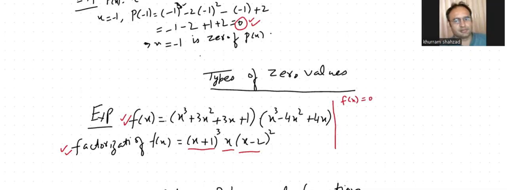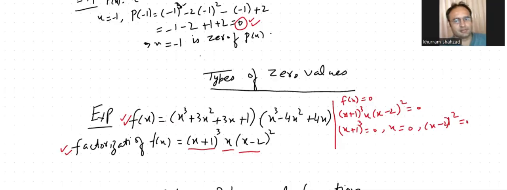So this will give x plus 1 whole cube times x times x minus 2 whole square, and this should be equal to 0. So we have to set x plus 1 cubed equal to 0, x is equal to 0, and x minus 2 whole square is equal to 0.